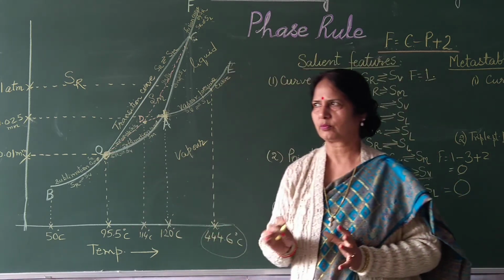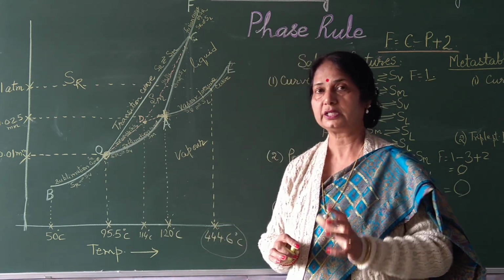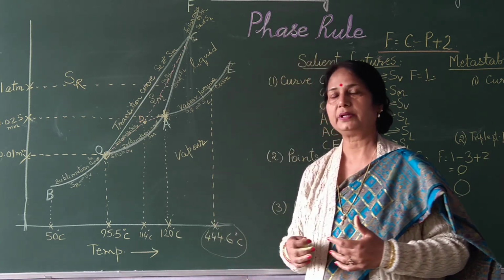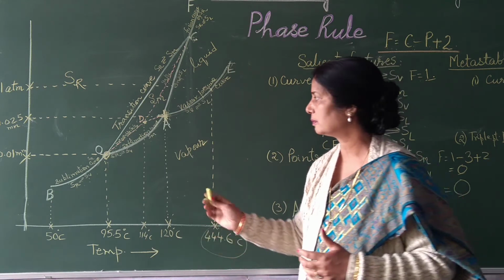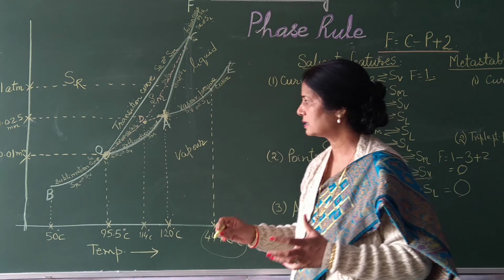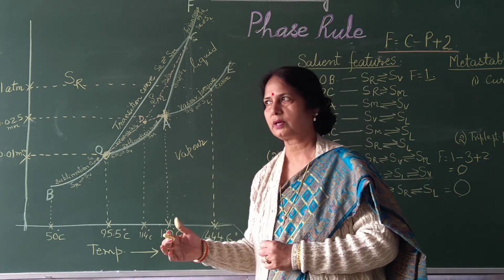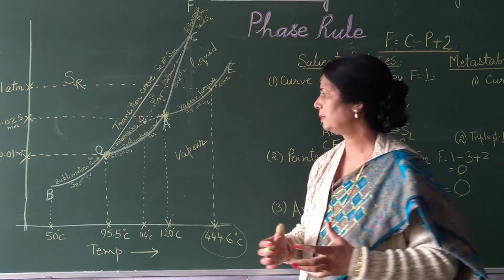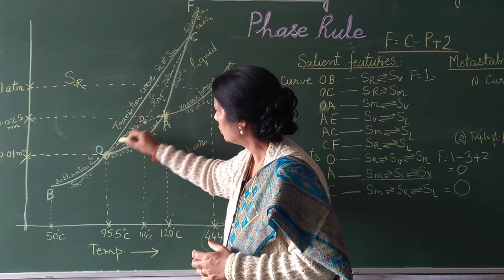So there is a molecular rearrangement, but if the heating is done very rapidly, then it may happen that the rhombic sulfur does not change to the monoclinic form, but changes to its liquid state. At this point, it is in metastable equilibrium. The rhombic sulfur will not change to the monoclinic form, but will be in metastable equilibrium with the liquid.